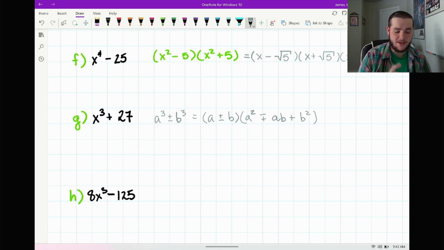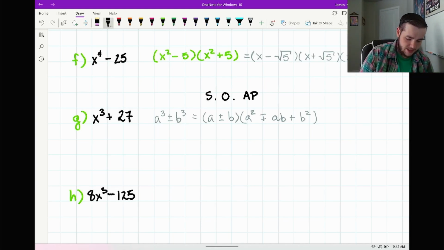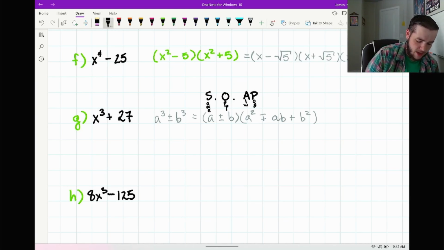And there's a mnemonic device to help you remember that. SOAP. Same, opposite, always positive. So here, I've got x cubed plus 27.